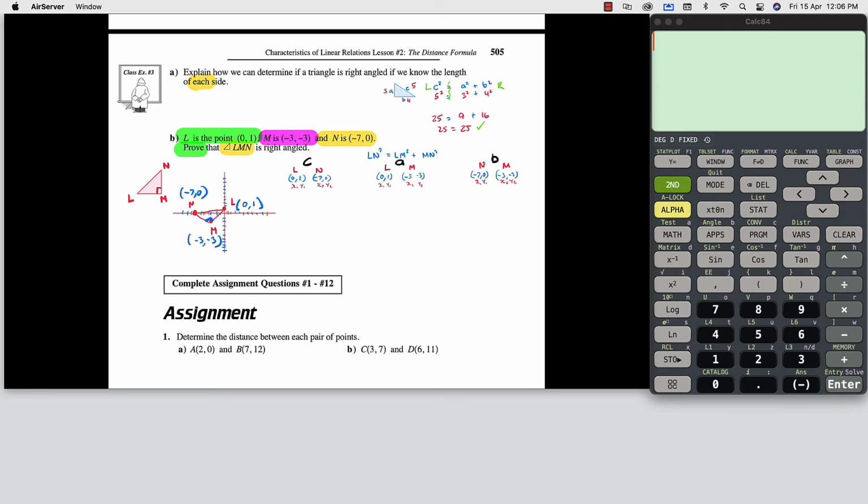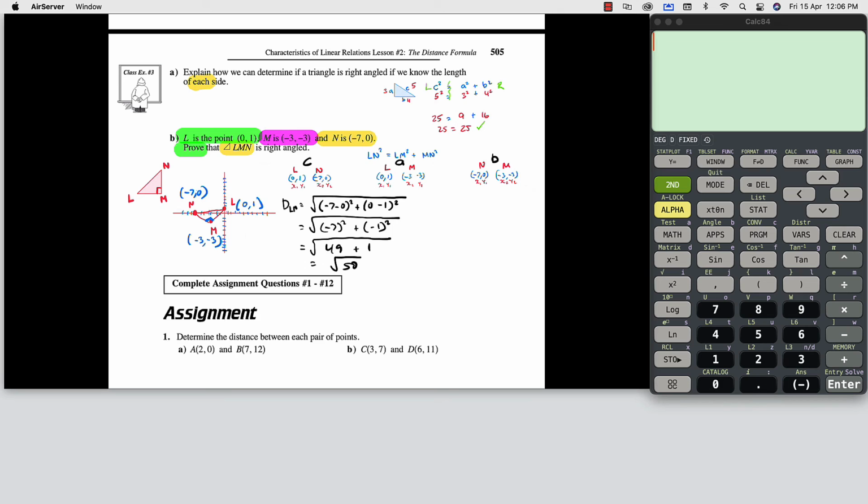And basically the distance of LN is going to equal the square root of x2 minus x1, which is -7 minus 0, squared, plus y2, 0 minus y1, all squared, which is going to equal the square root of -7 squared plus -1 squared, which equals the square root of 49 plus 1, which equals the square root of 50.